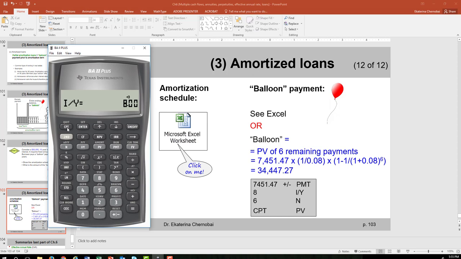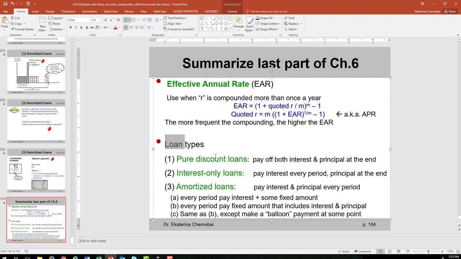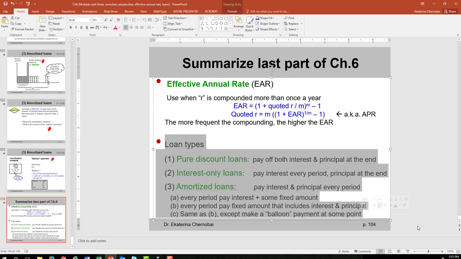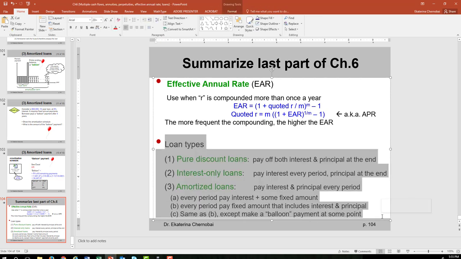And we compute the present value: $34,447.25. Here it's a little bit rounded, that's why I'm 2 cents off, but it's otherwise done correctly. Okay, so we looked at the different loan types, and this is the end of chapter 6.